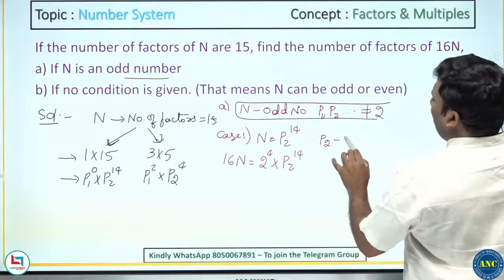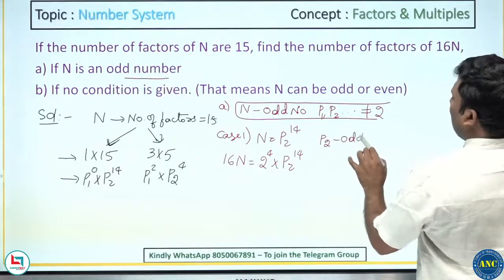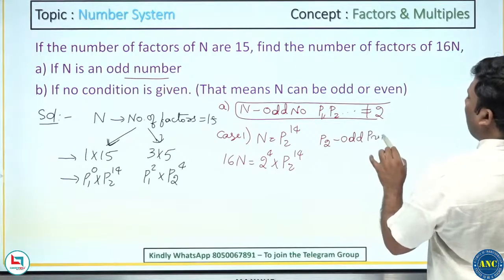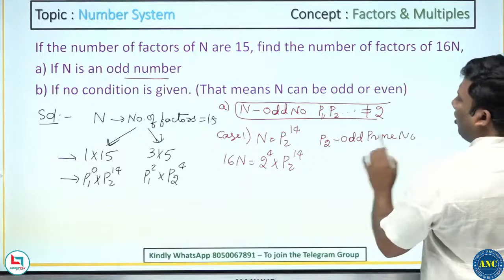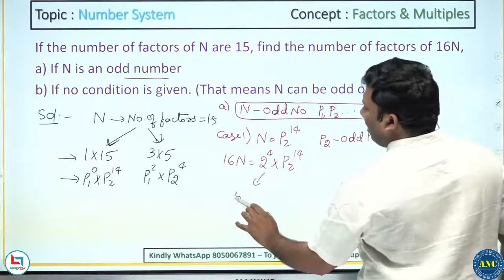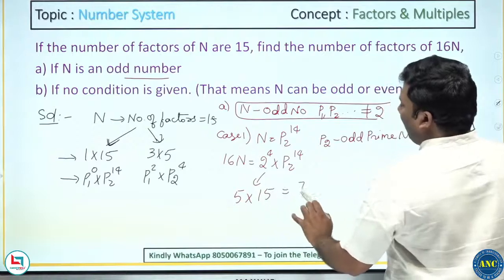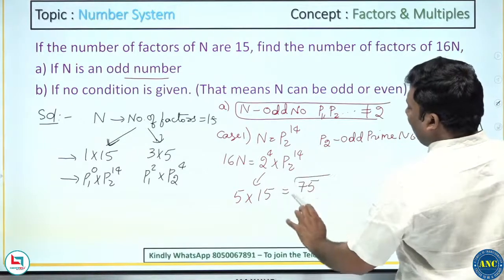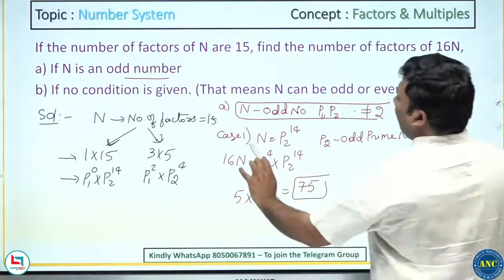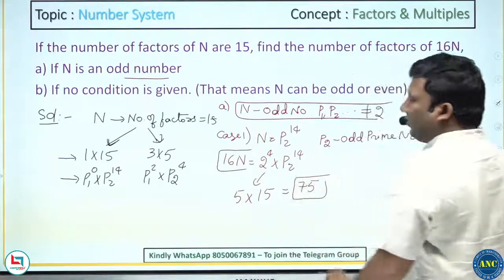P2 it is an odd prime number. So what will be the answer? How many factors are there for this number? 0 to 4, 5. 0 to 14, 15. 5 into 15, 75. Number of factors for 16n will be 75.